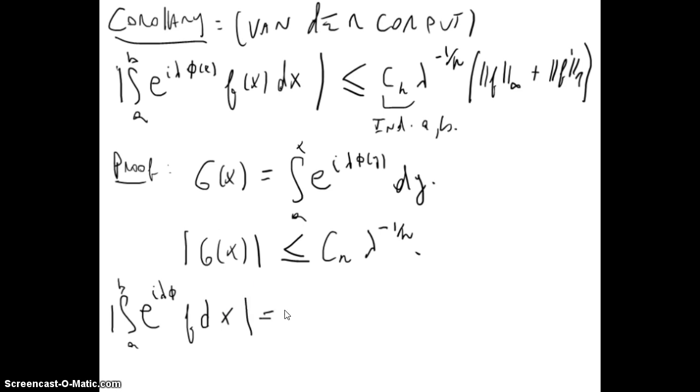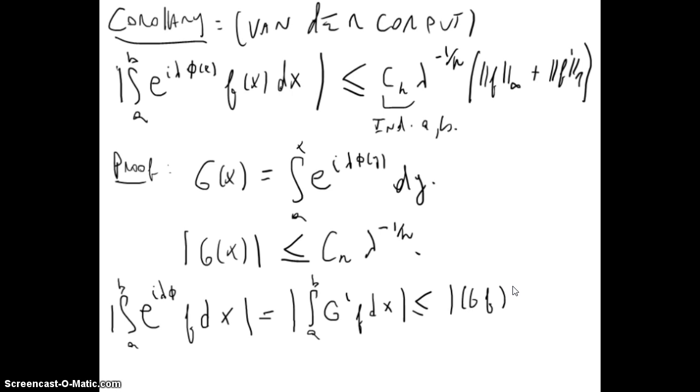This will be equal to the absolute value of the integral from a to b of g prime f dx, where g prime is just going to be e^(i lambda phi), and so this will be less than or equal to the absolute value of g f.